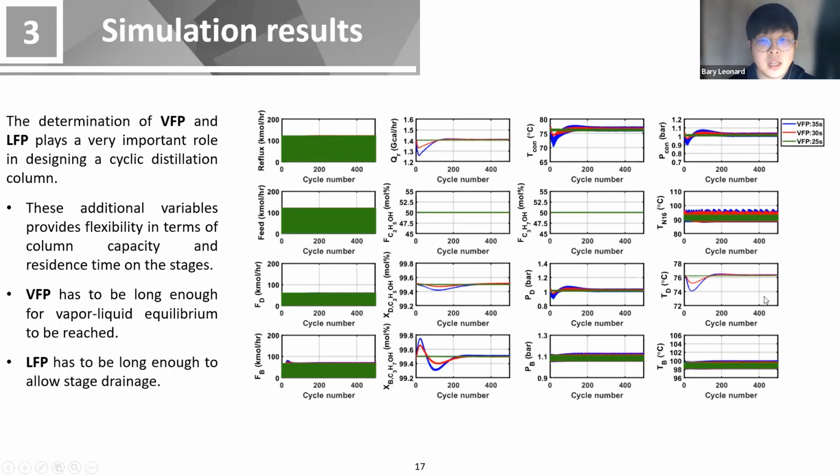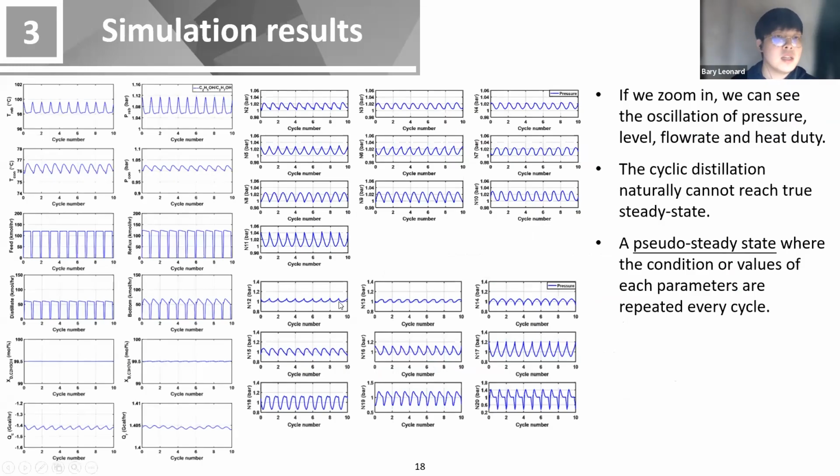And here we can see the results over several hundreds of cycles. And we can see that after around 300 cycles, the system will reach the pseudo steady state. And if we zoom in, this is how the system actually looks after it reaches the pseudo steady state. So we can see the temperature of reboiler and pressure of reboiler oscillates.